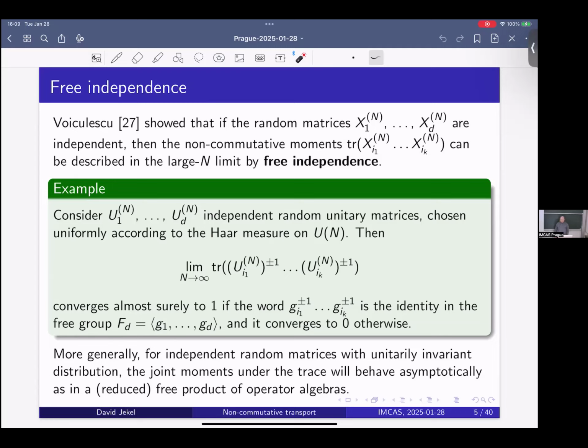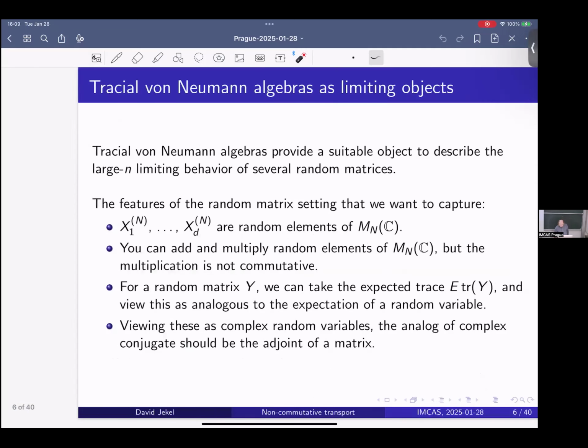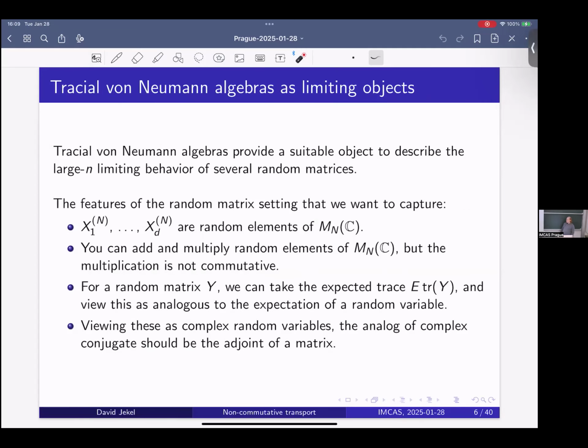So they model the free group. And more generally, this condition of free independence, which was explained in the pre-seminar, corresponds to, in the large N limit, the traces behaving as if you're in the reduced free product of some C-star algebras or von Neumann algebras. Okay, so in order to describe the limiting objects for these random matrices, like I said, you can't use a classical measure.